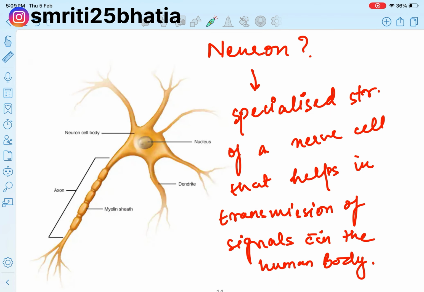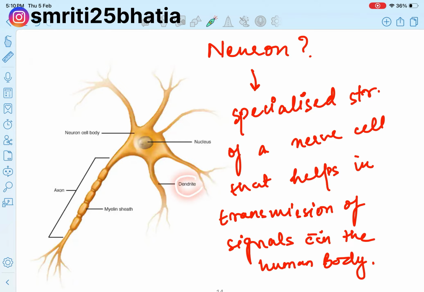We have this thin layer, the axon. Starting with the dendrites: dendrites are the extending portions of the neuron. They are not hair-like projections, but like the branches of a tree.